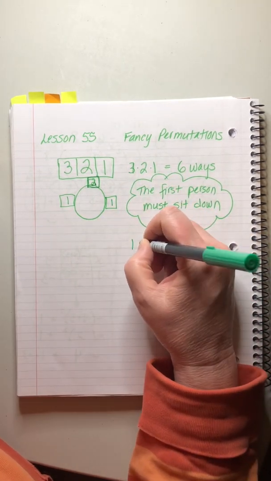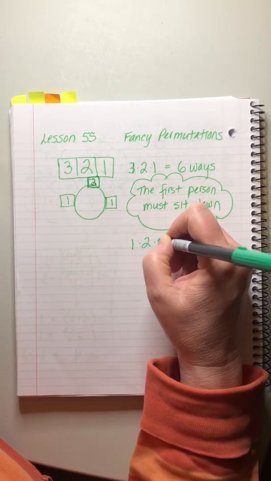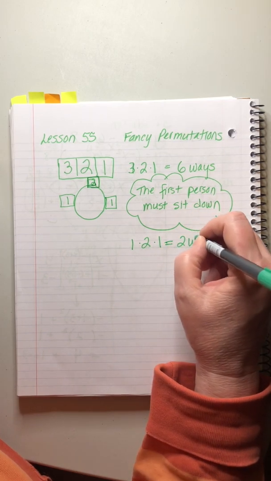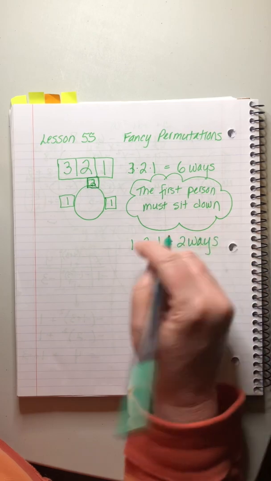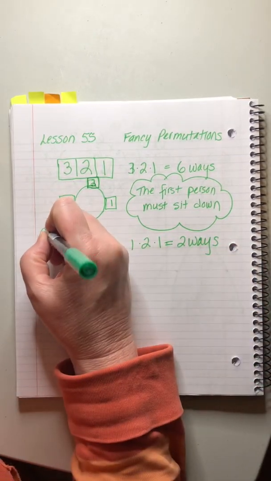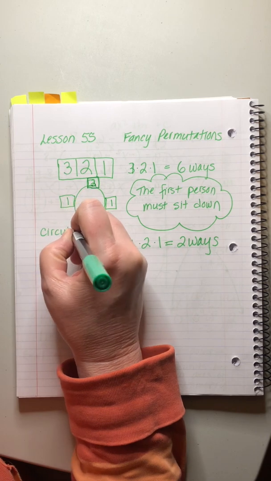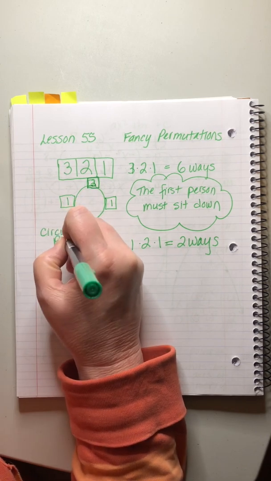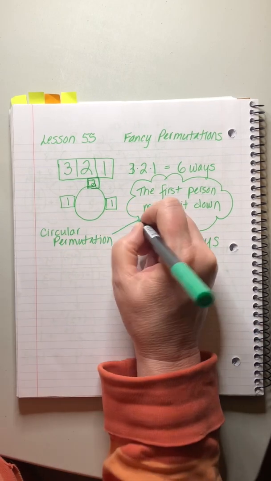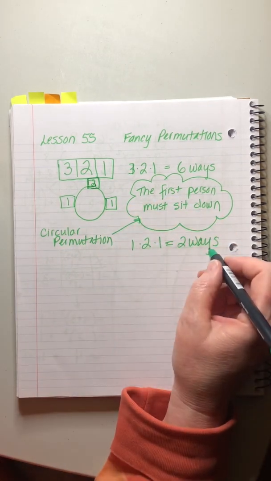So when we do a circular permutation, we remember that rule, and there are far fewer ways.